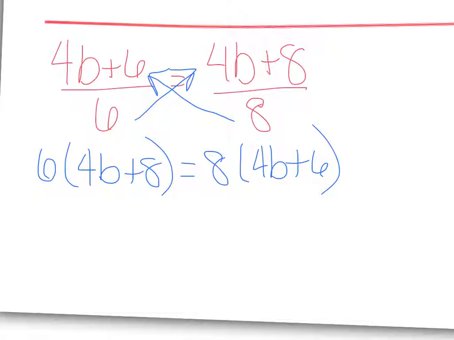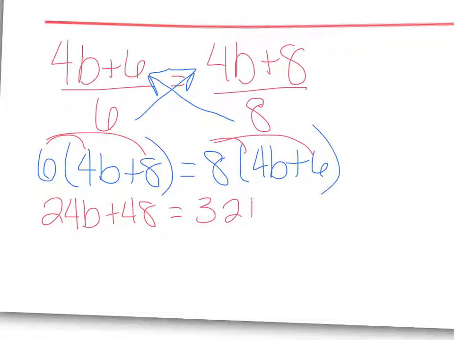You have to be really, really careful with those parentheses. Now I have 2 things that I have to distribute. If I distribute the 6 on the left-hand side, I end up with 24b plus 48. On the right-hand side, when I distribute the 8, I get 32b plus 48.